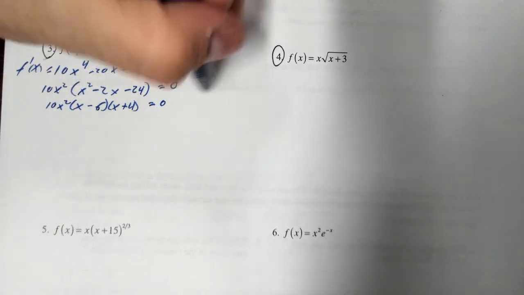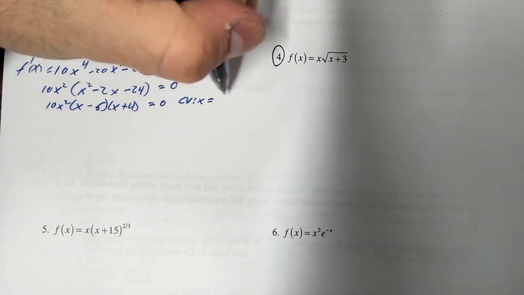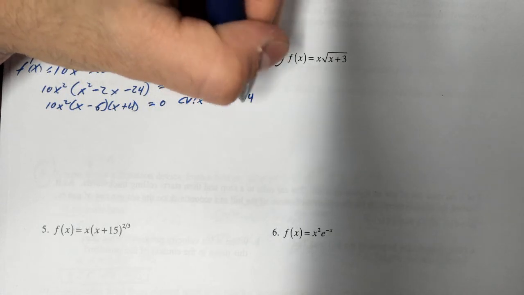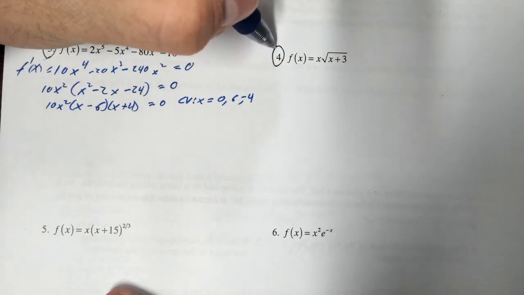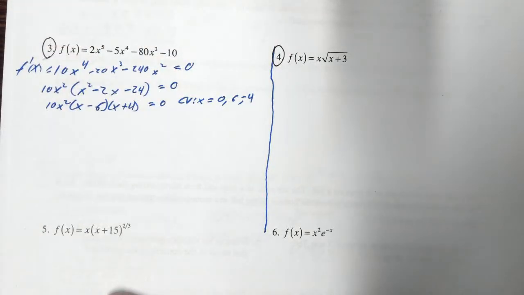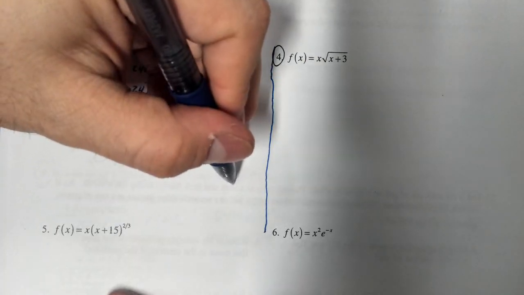So our critical values are when x equals 0, 6, and negative 4. Okay, now we're going to make a number line.